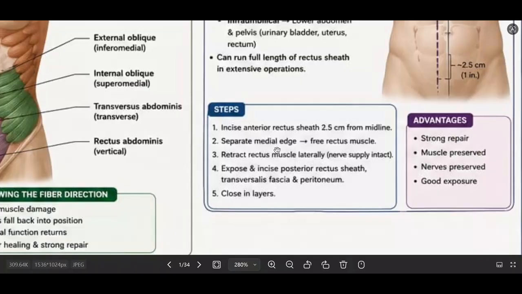Step 4: the result is a free rectus muscle when we separate the medial edge of the rectus sheath. Step 5 is to retract the rectus muscle laterally, and that is very important because its nerve supply remains intact in that case.